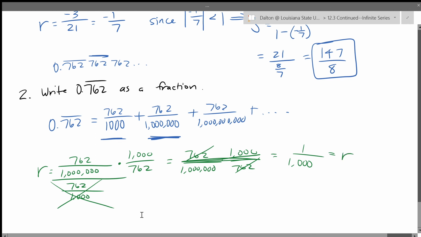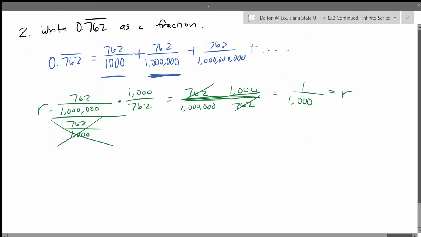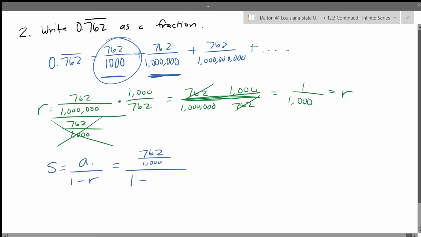Then I use that ratio and plug it into the formula, which is S equals a sub 1 over 1 minus r. a sub 1 is the first term, which is 762 over 1,000, over 1 minus r. So that'd be 1 minus 1 over 1,000. And then your job's just to simplify this.